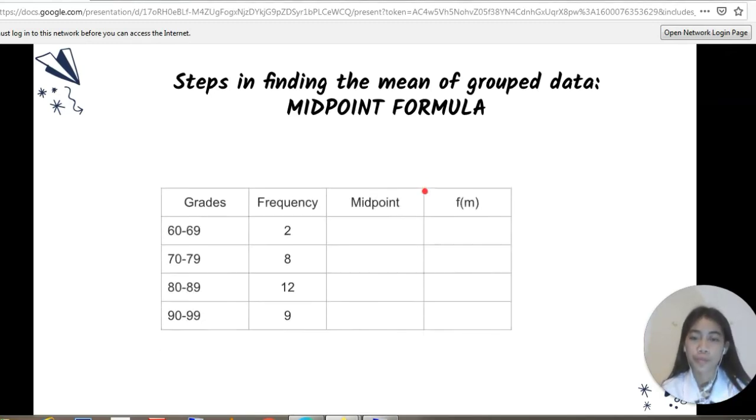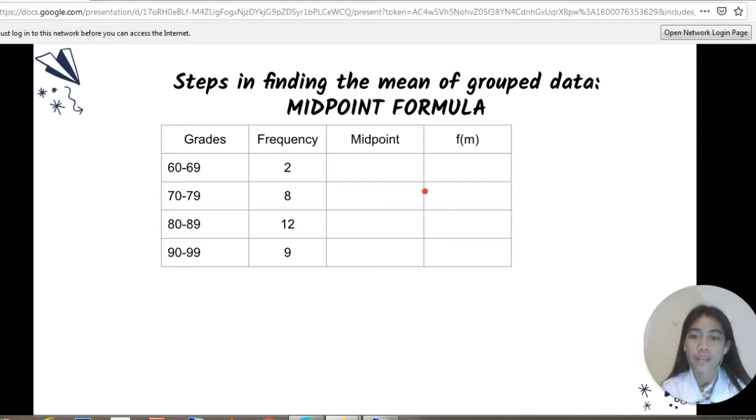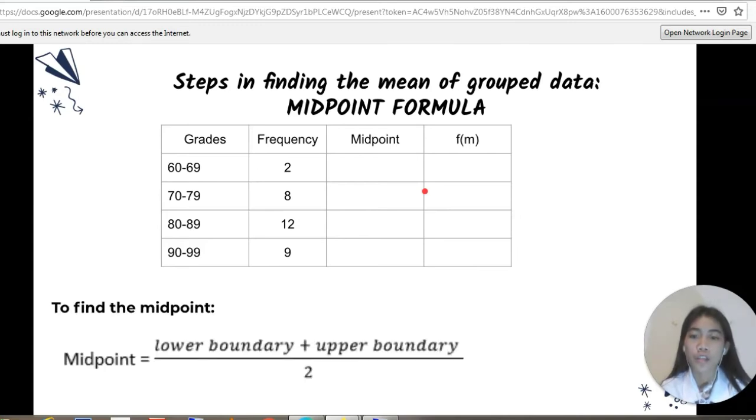So, this is the other way to find the mean of group data using the midpoint formula. You have to make this table, and to find the midpoint, you just have to add the lower boundary plus upper boundary divided by 2.